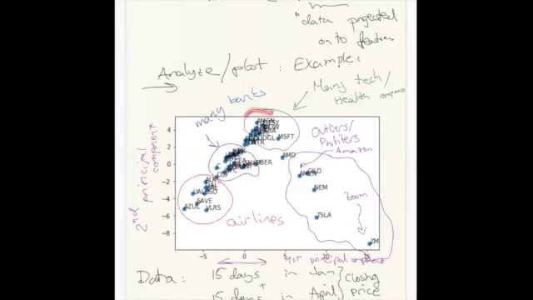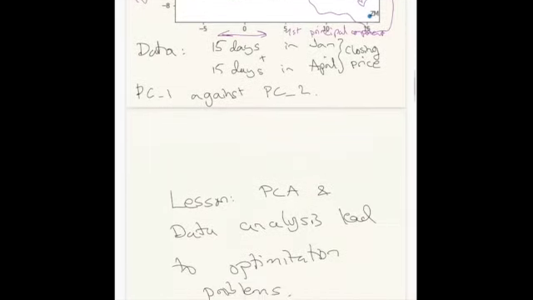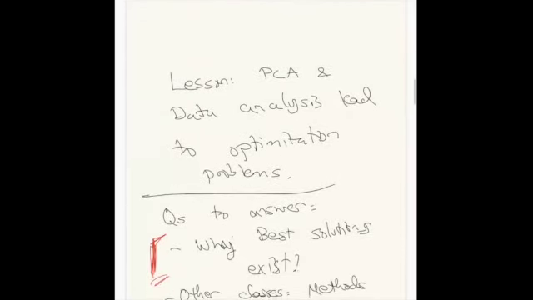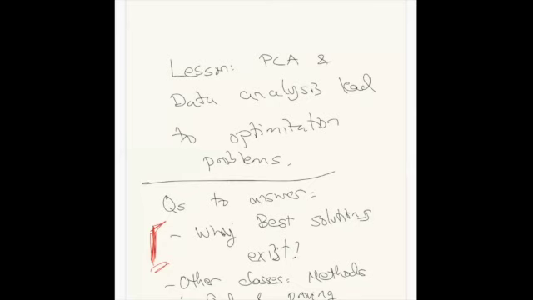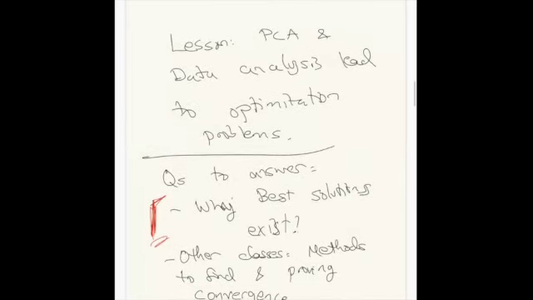Then there's another cluster that seems to contain a lot of the tech companies. Apple, Google, and Microsoft are all contained in that group. These boundaries are not very well defined, but this is just to give you a sense of what this method can be used for and why you would care. The lessons of this example are, first, that principal component analysis and data analysis lead to optimization problems because they connect to eigenvalues.